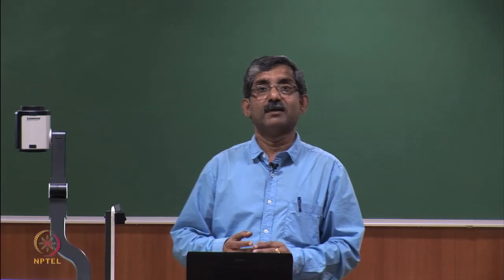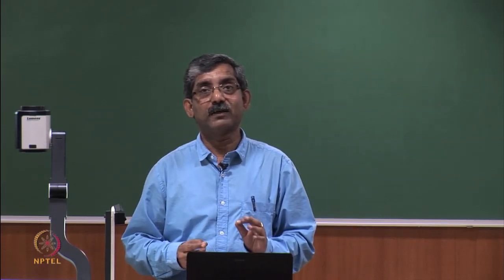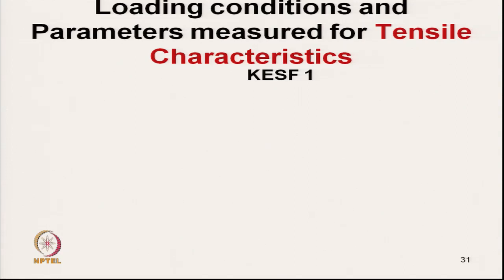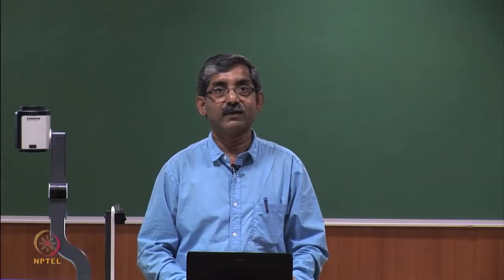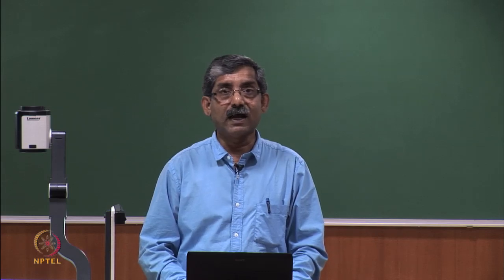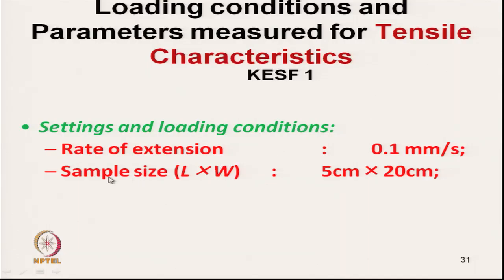Now, the parameters for measurement of tensile characteristics are the setting and loading conditions. The rate of extension is maintained by the rotational speed of the drum, and it is 0.1 millimeter per second.